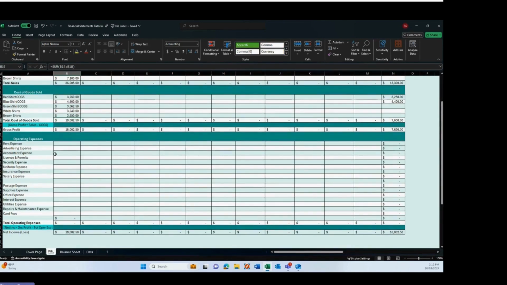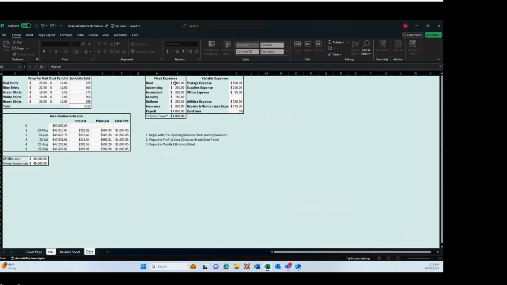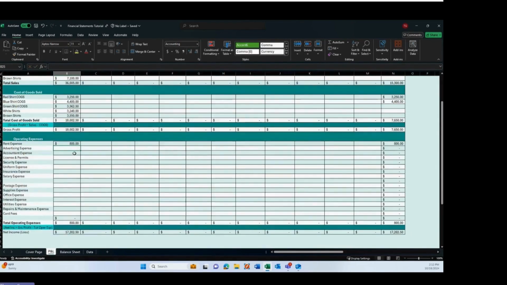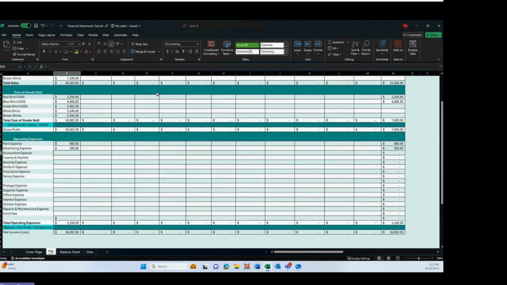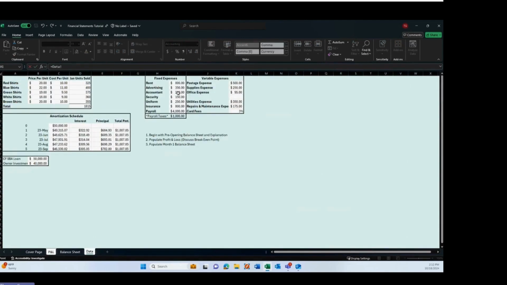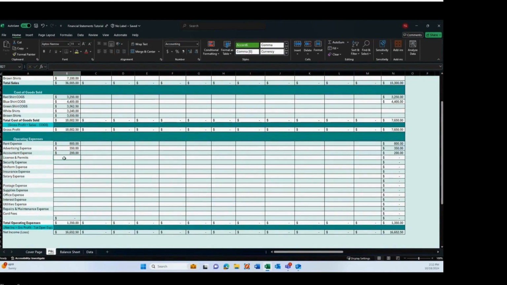So we see rent expense, number one. We're basically going to do the same thing we just did for revenue and cost of goods sold. So we go equals, we go over to our data, rent, there we go. Advertising equals data, advertising, enter. Your accountant, which I hope you guys are using one, $200, enter.